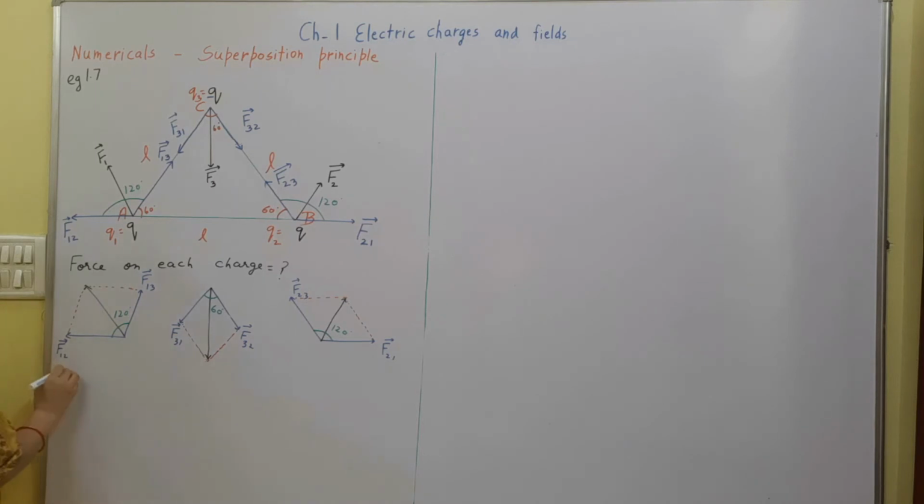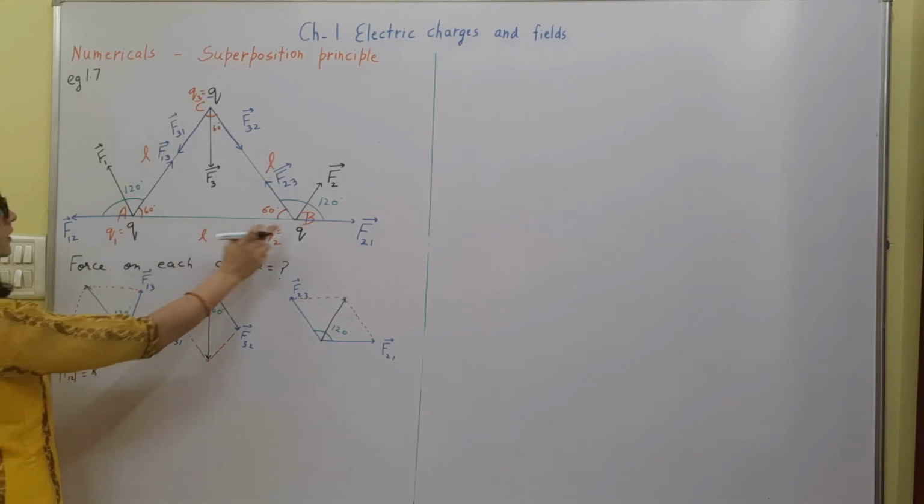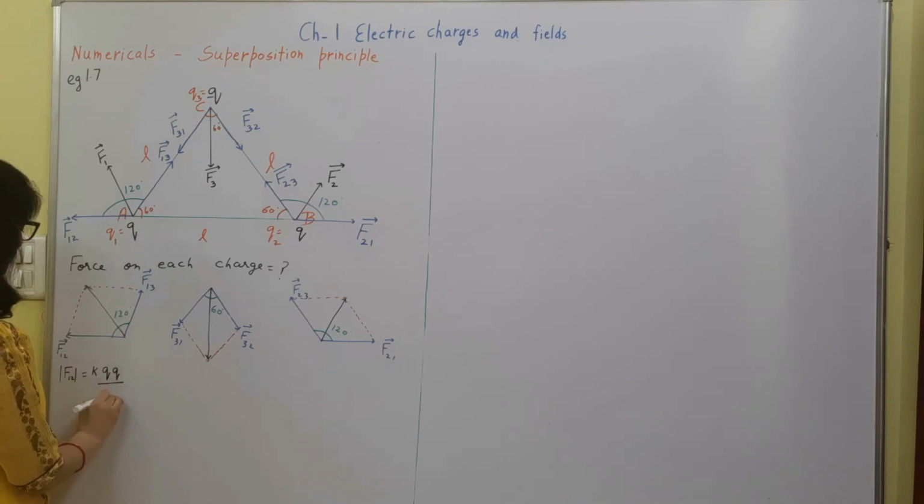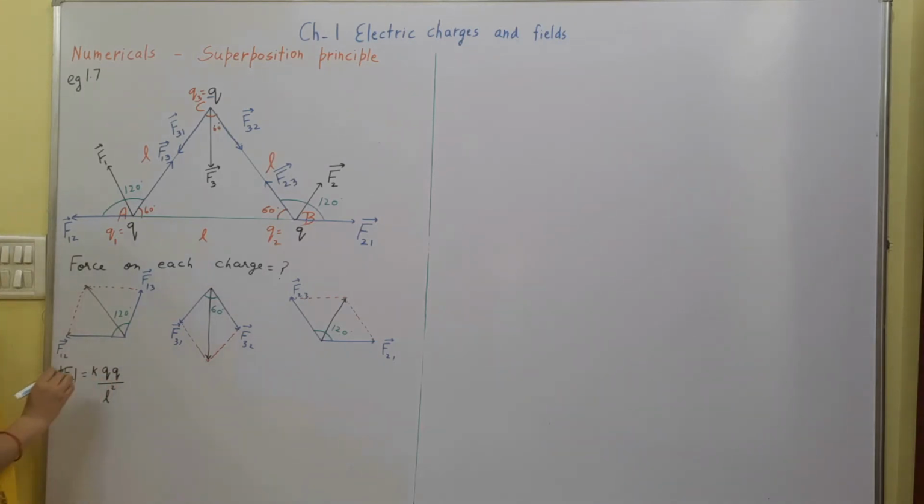So let's write down the magnitudes. F12 magnitude will be K Q into Q upon L square, right?